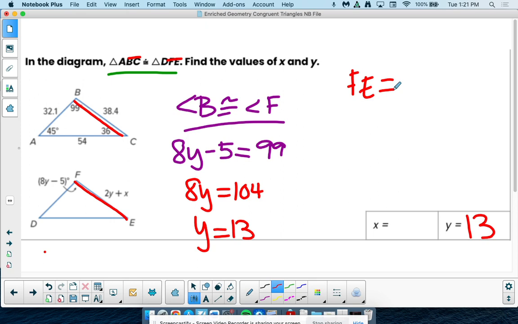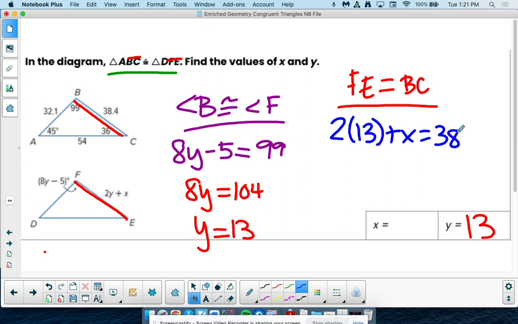FE is equal to BC. So I'm going to have 2, but I'm not going to put y there. I'm going to put y equals. We don't have a decimal, that's okay. I know we're not really used to seeing decimals a lot in our work, but we'll get some decimals today, not a big deal.